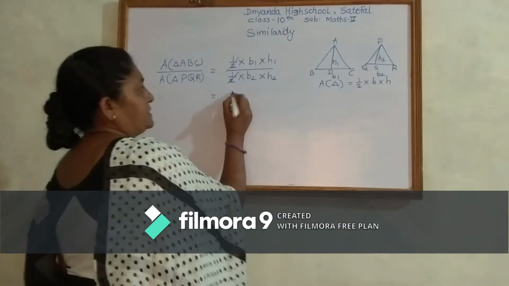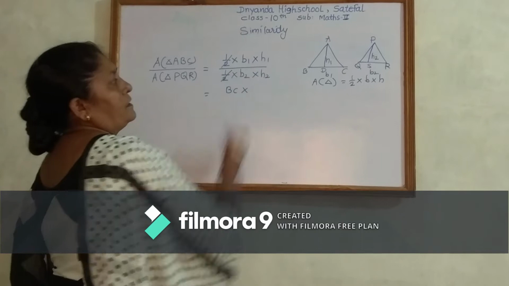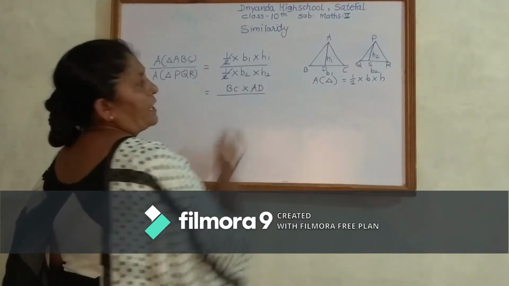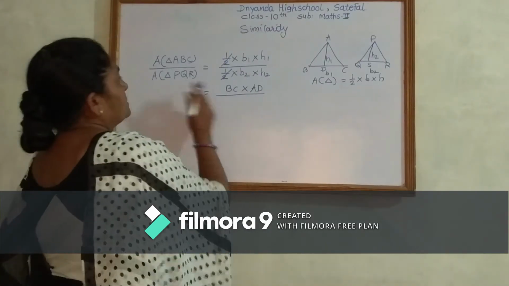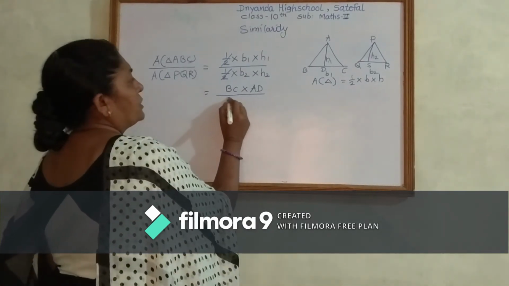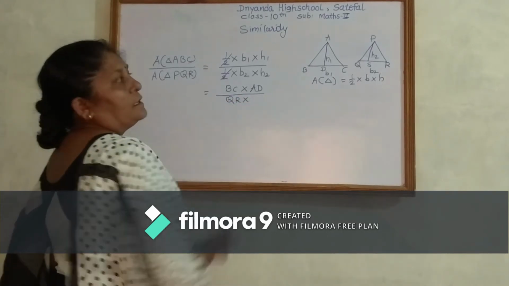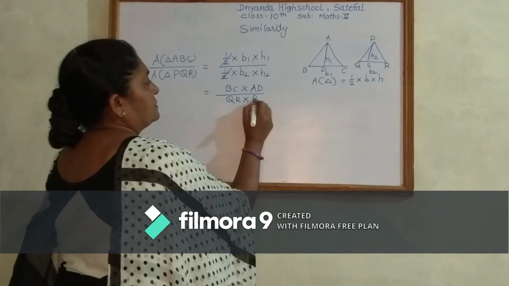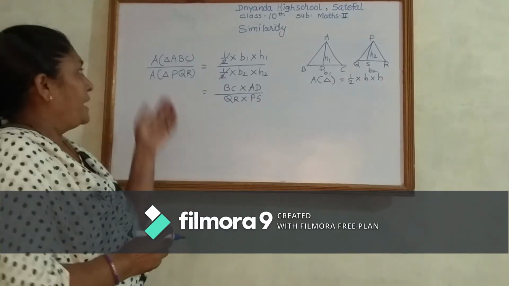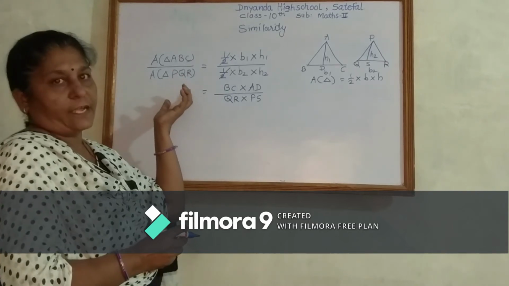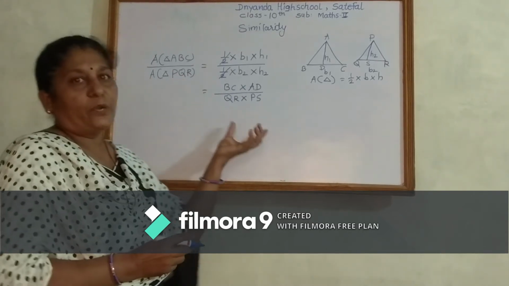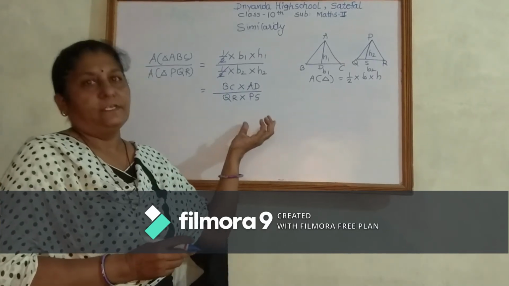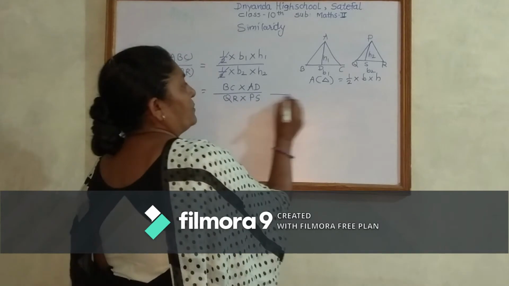Base B1 is BC, height is AD, divided by base B2 is QR multiplied by height H2, which is PS. Therefore, the ratio of areas of two triangles is equal to the product of their corresponding bases and their corresponding heights. This is property number 1.